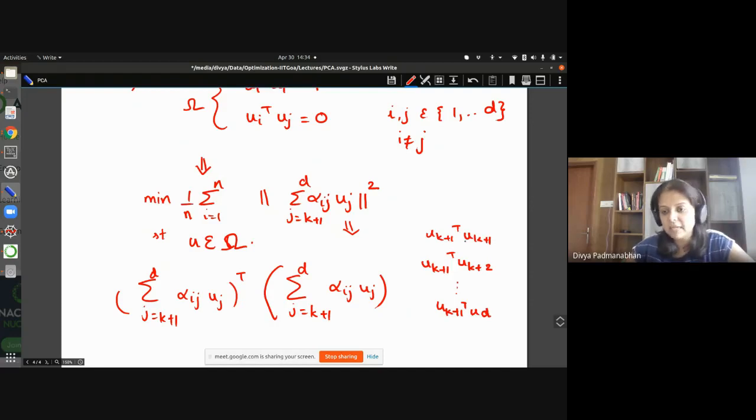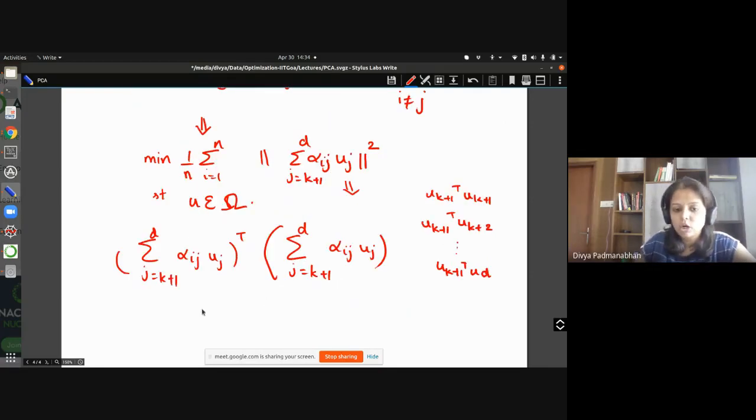All these terms will be there, but you want these to be orthonormal, so these will disappear from the summation. So what you're going to have here is just summation alpha ij square and uj transpose uj, j equals k plus 1 to d.